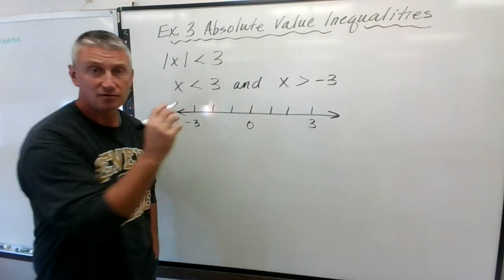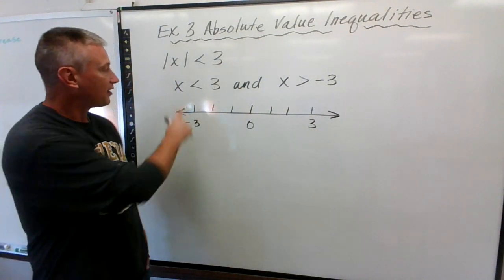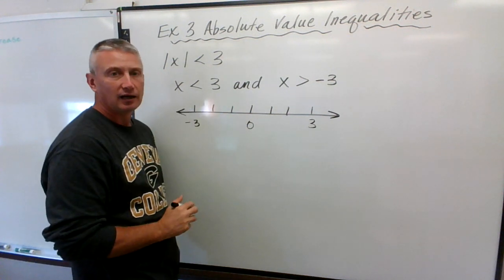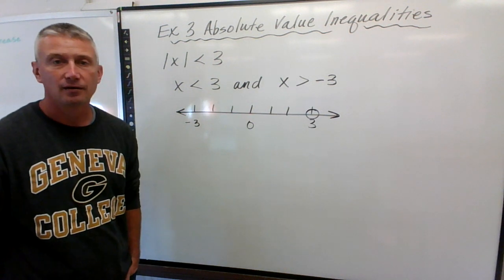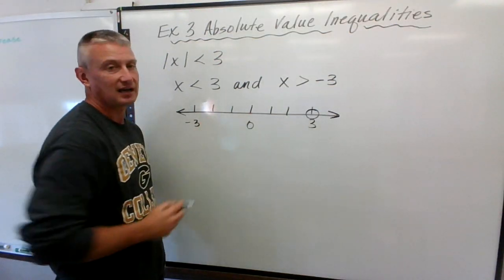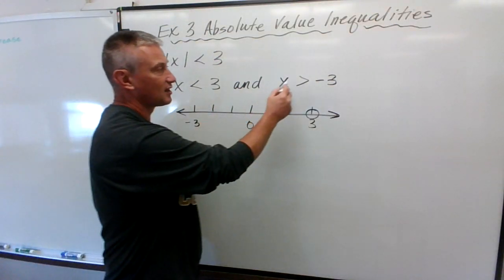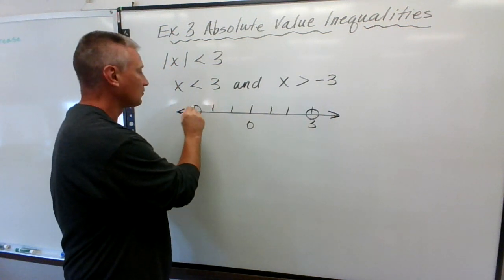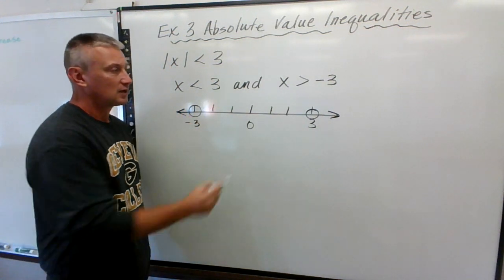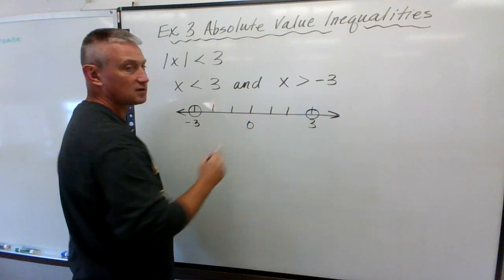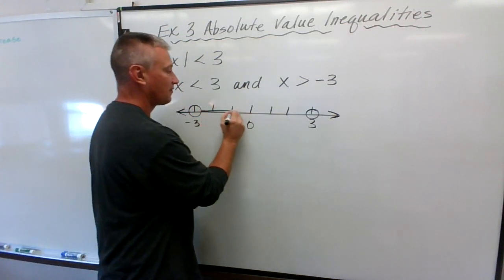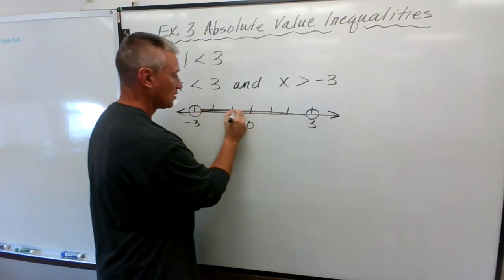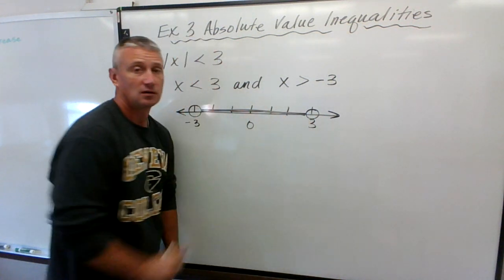I always indicate 0 so you can see where it's at. This says x is less than 3. Less than indicates I have to have an open circle over there, and it's everything that goes less than. However, this one says x is greater than negative 3. So there's my open circle. So if this one goes this way and this one goes this way, the only things that work are the values that are between these guys.